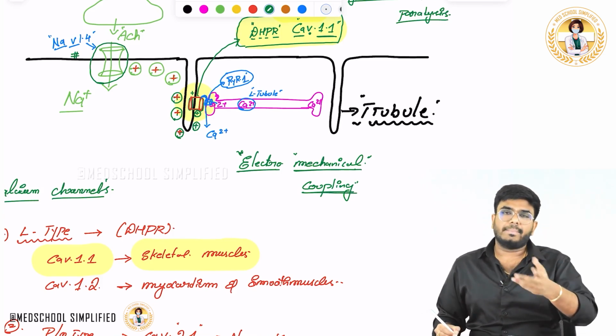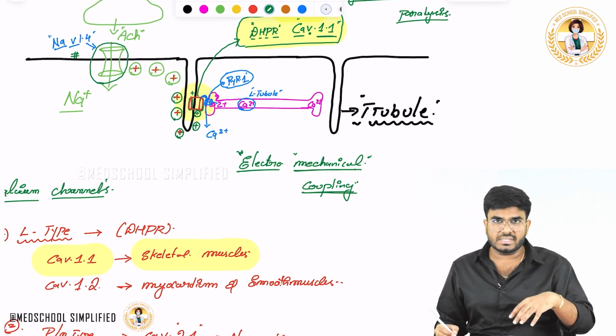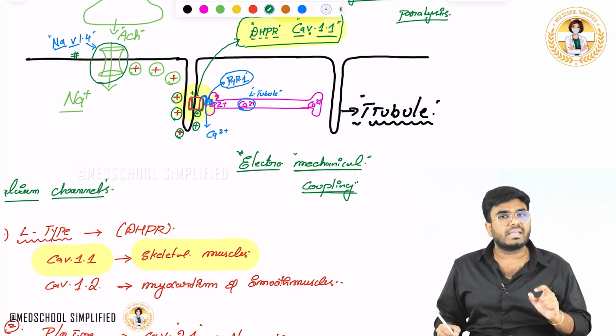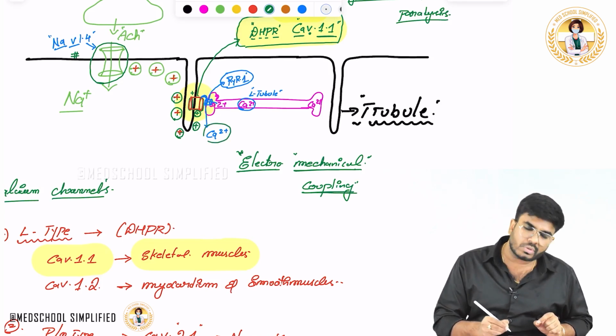Next thing, in the skeletal muscle contraction, imagine this muscle is contracting. In how many ways is the calcium coming into the cell? How many sources of calcium are there? There is only one source of calcium.